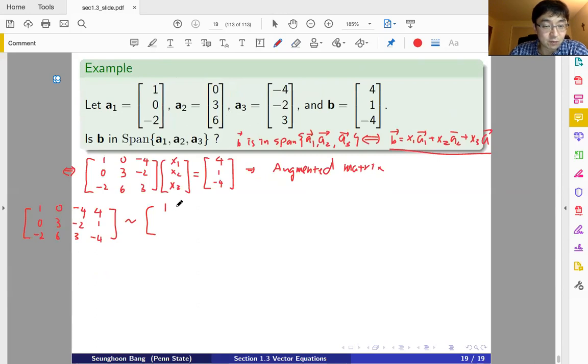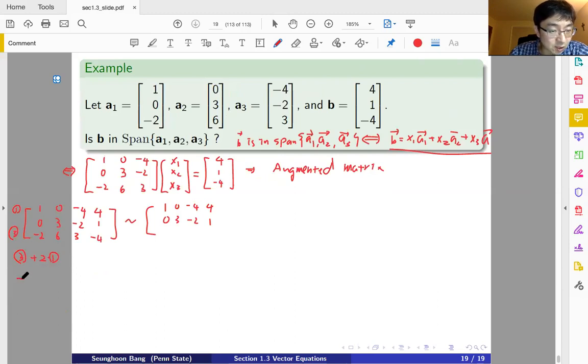You can keep the first row. You can keep the second row, already 0, 3, negative 2, 1. You can eliminate the negative 2 in the third row. How can you do that? The third row plus 2 times the first row.